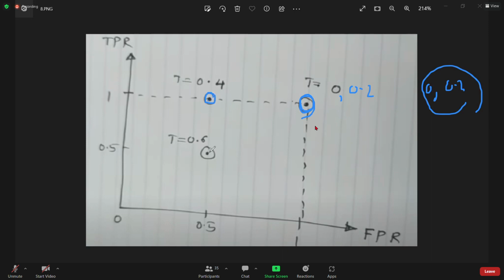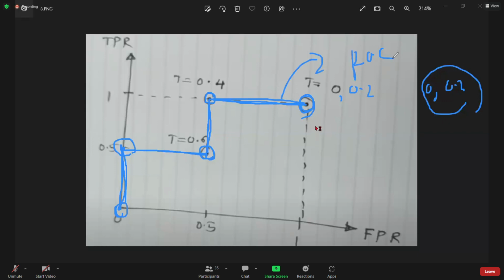At threshold 0.6, the answer we got is 0.5 and 0.5. At threshold 0.8, we got 0.5 and 1. Do you understand or not? At threshold 1, TPR is 0 and FPR is 0. Connecting the points, this line is called ROC.